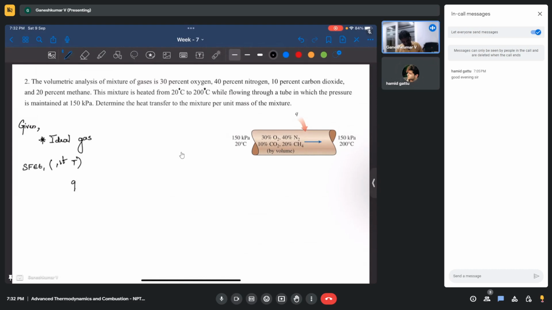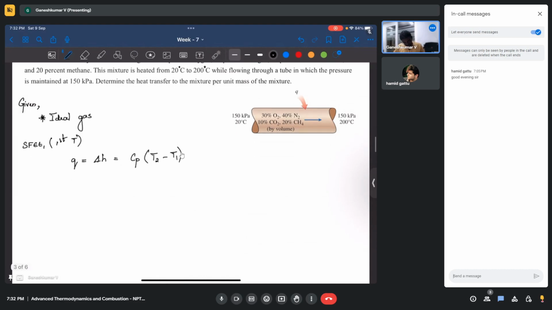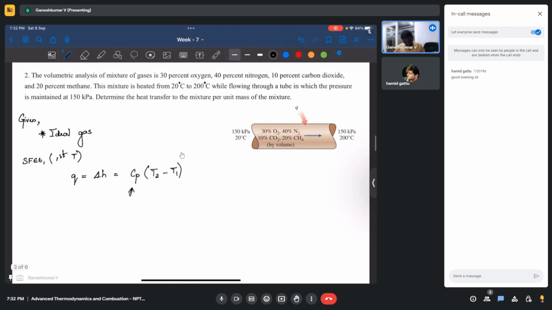So heat transfer is simply the change in enthalpy, which is nothing but Cp times T2 minus T1, right? T2 and T1 are known. The only thing we don't know is Cp, because since we have a mixture of gases, we need to find Cp of the mixture.